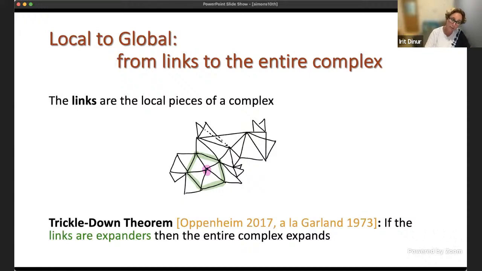And this theorem says that if you have a high-dimensional graph and every link is an expander, in some quantitative way, then the entire graph is an expander. Or more accurately, the entire connected component is an expander, because of course we can take separate copies and the links won't know it.